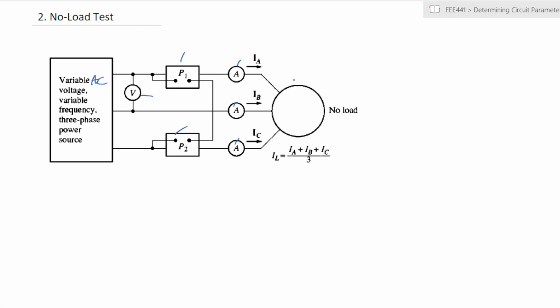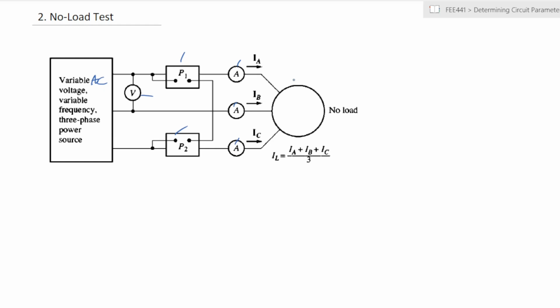What we will find is that this no-load test, as we had said, can give you the value of rotational losses, and alongside the full load test, it can also determine the value of magnetizing impedance.